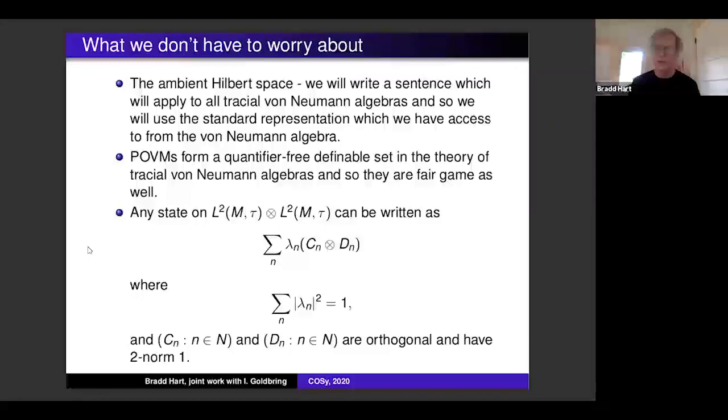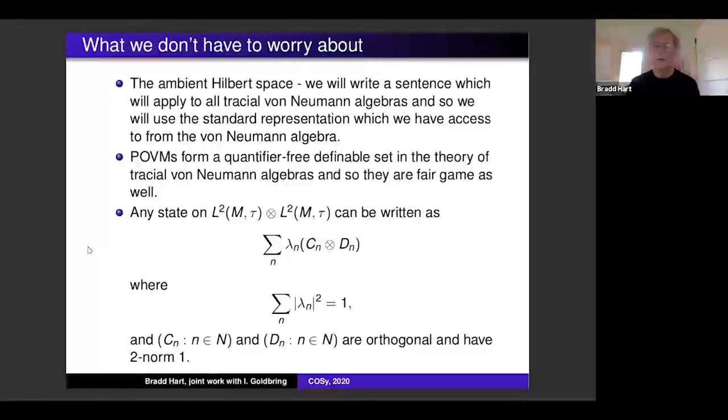That's what my states are going to look like. There's a few things being said here. I've got an infinite sum where the sum of the squares of these numbers is equal to 1. I've got things that are orthogonal as operators in L2 of M tau, and altogether I want all of these to have 2-norm 1.